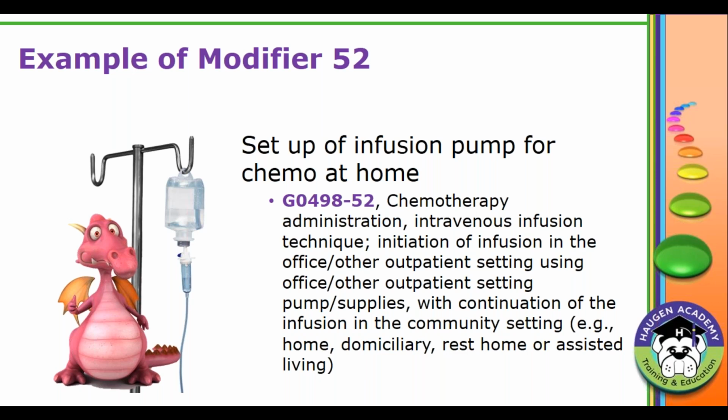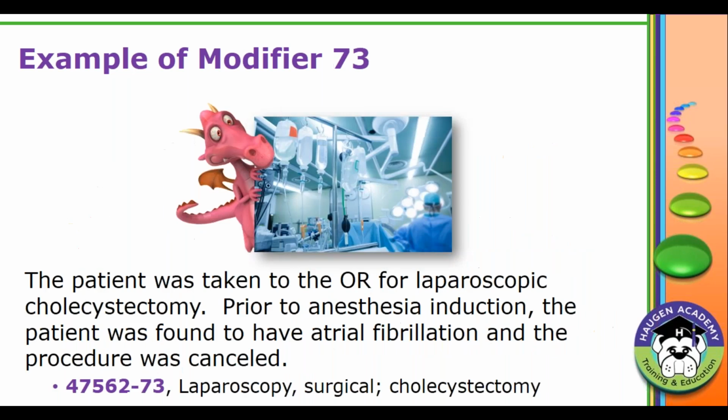But what if you bring the patient in, you set up the infusion pump, but you don't start chemo? Well, this is a situation where they recommend using Modifier 52. So you're basically getting paid for setting up the infusion pump, but you're not getting paid for any of the infusion of the chemo drug.